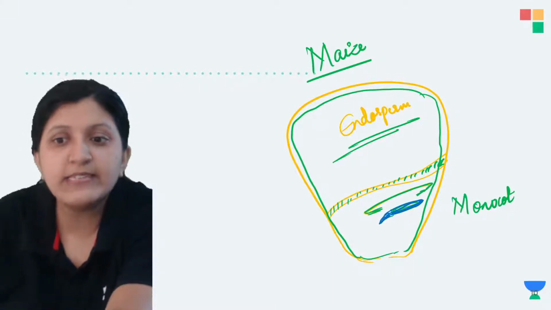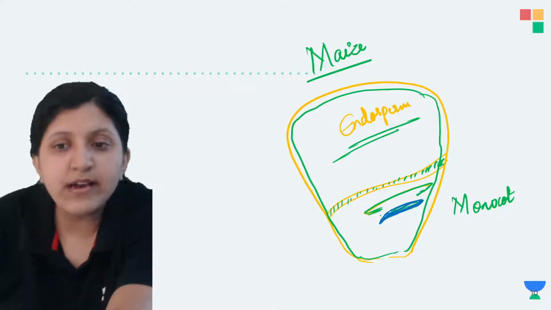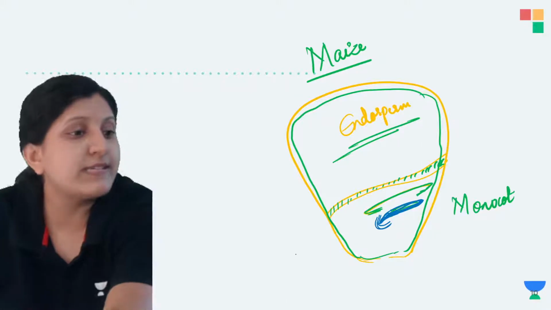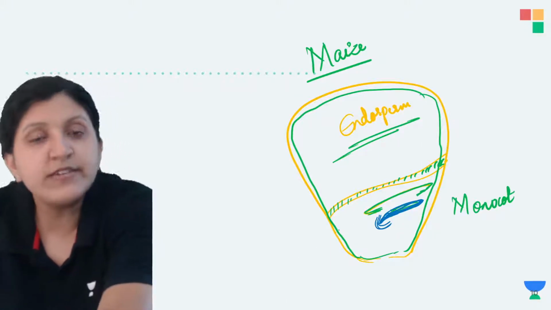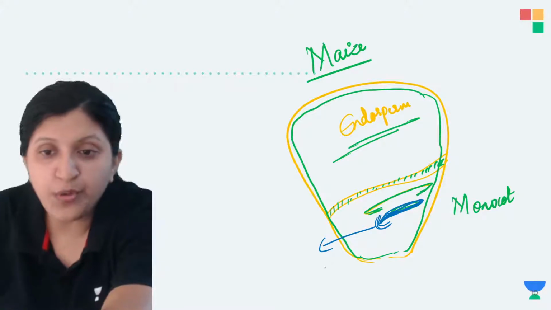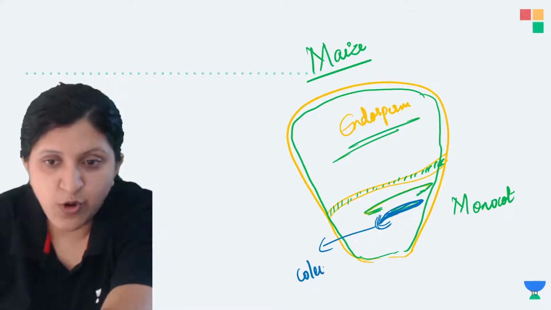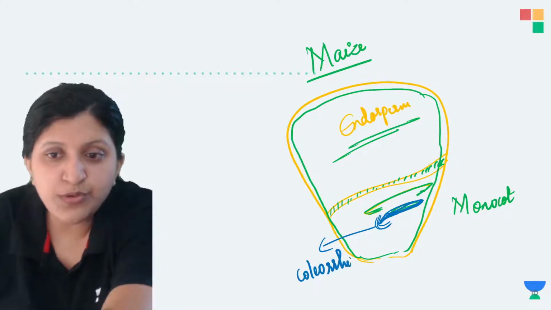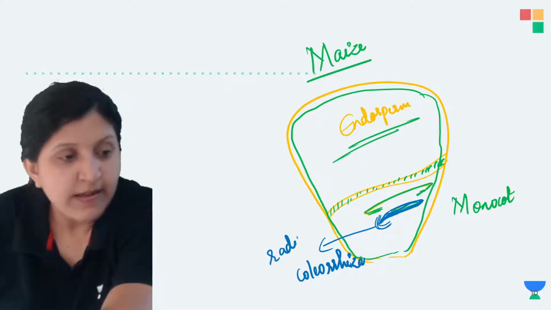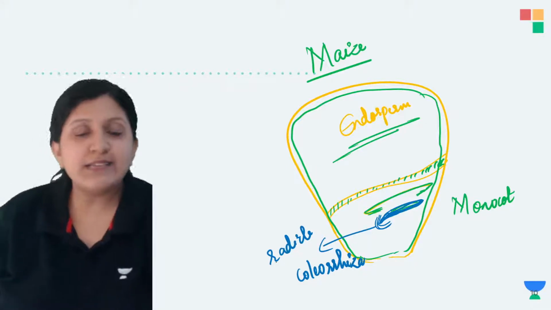In that case, this part is covered by a protective covering. The radicle part is covered by a protective covering, which we call the coleorhiza. This one is called the coleorhiza, a covering for the radicle.